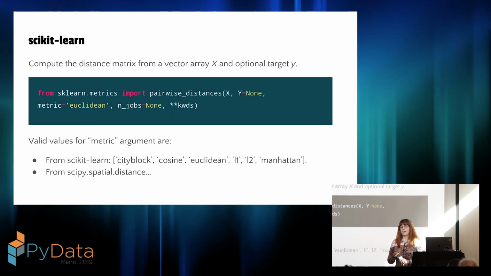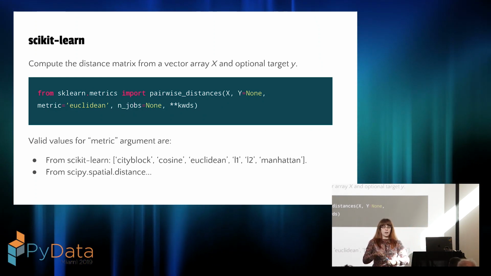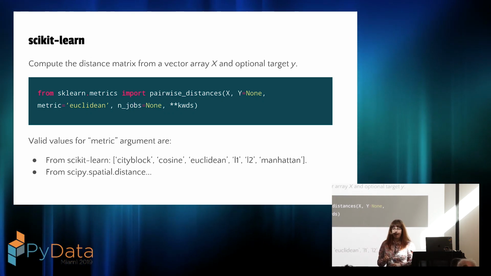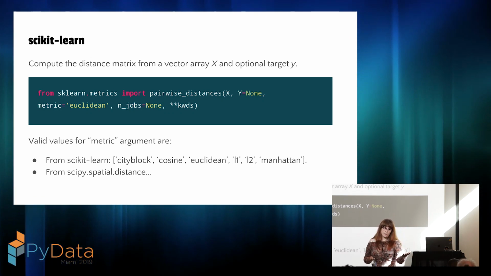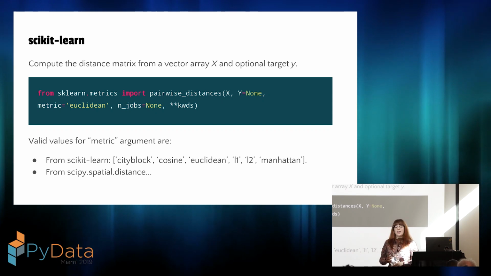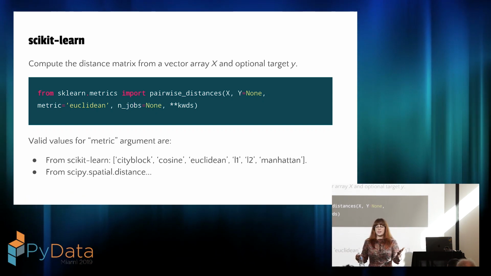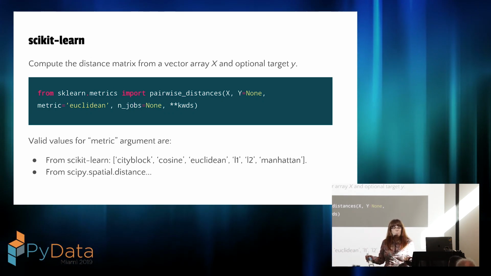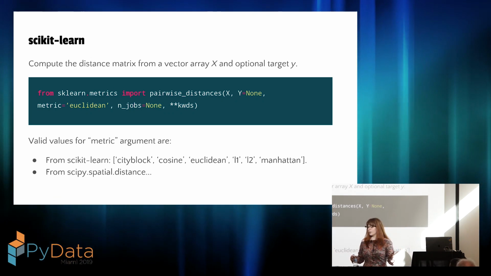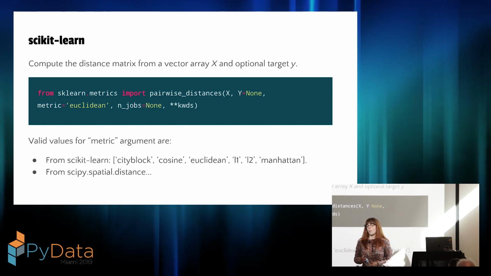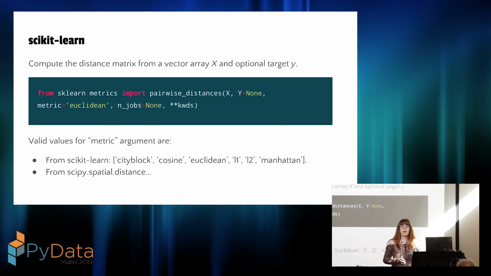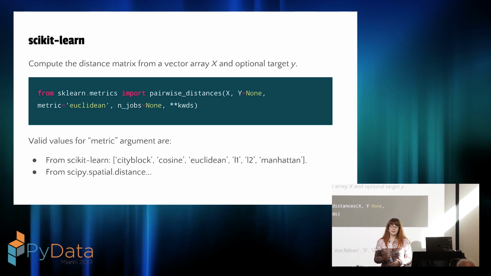But just the way that there are a lot of different estimators in scikit-learn, and Benjamin talked about this in his talk yesterday, there are so many different estimators to choose from that it doesn't make sense not to try them all. You should try them all, especially if you have a new data set that you're not familiar with and you don't have an intuition about what kind of model will be most performant. It's similar with distance.